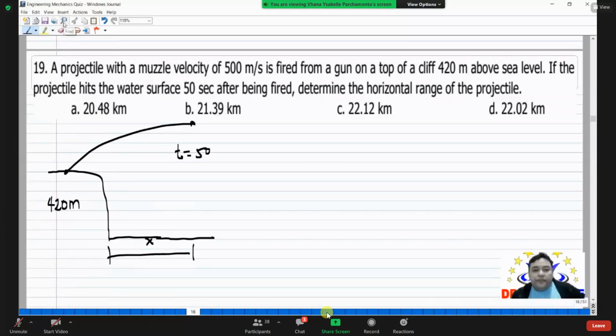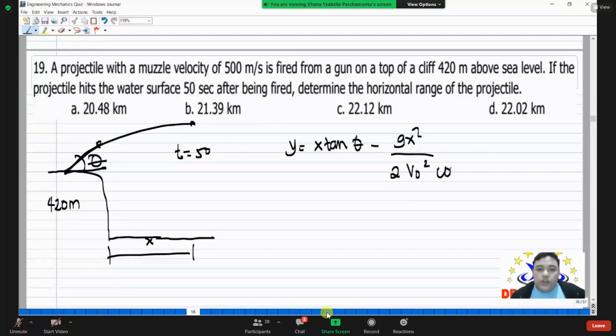So yan. So therefore, ang gagamitin na lang natin is yung general equation of the parabola. So hanapin muna natin kasi dito yung angle ng pagbato, angle of release. So therefore, that is y is equal to x tangent ng theta minus g x squared all over 2 times VO squared cosine of theta squared.